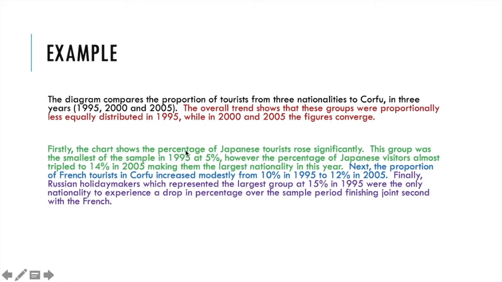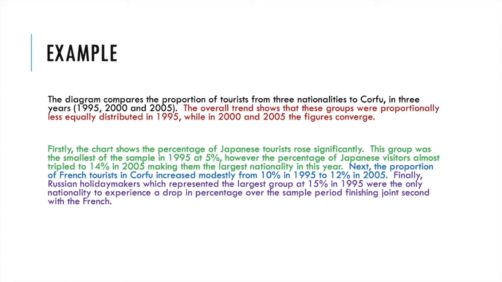And I've given not too many figures. Try not to put in too many figures because it becomes difficult to understand and confusing. With each figure, I've put it, as you can see, next to a year. So it makes it clearer when I'm referring to the changes. Okay, can you see here and here? Really, I focus mainly on the Japanese and the Russians because they've shown the most significant changes.